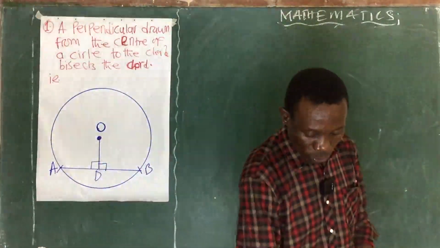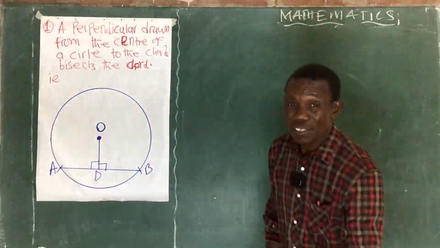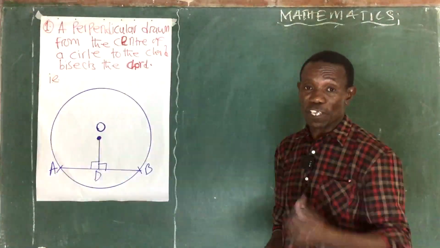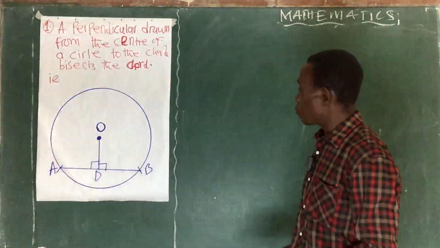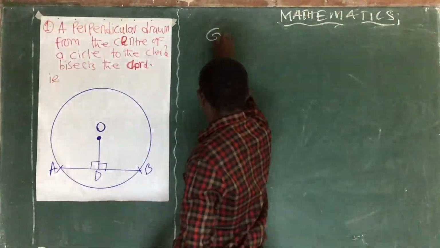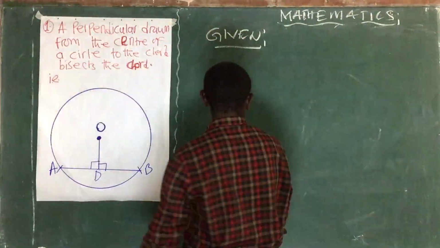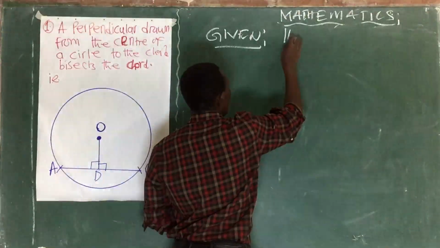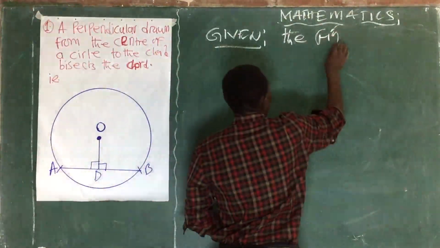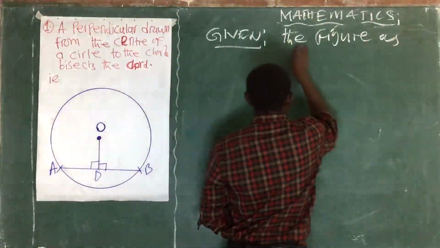Right. So don't forget the stages which I highlighted earlier in the previous video. We would like to prove, so state what you have been given, and write here "Given". You can just say the figure is as above.